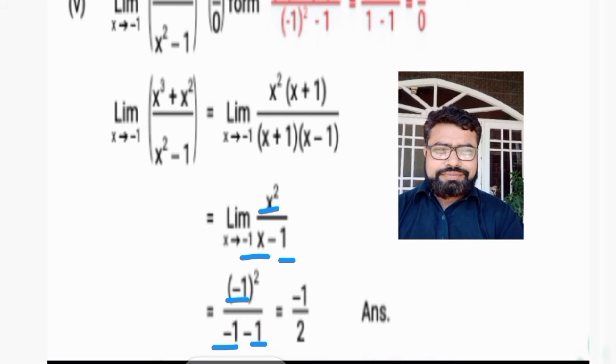Minus 1 square, that is 1, and minus 1 minus 1 is minus 2. We can put the sign of minus in numerator or denominator. 1 divided by minus 2, or minus 1 by 2, it is same.